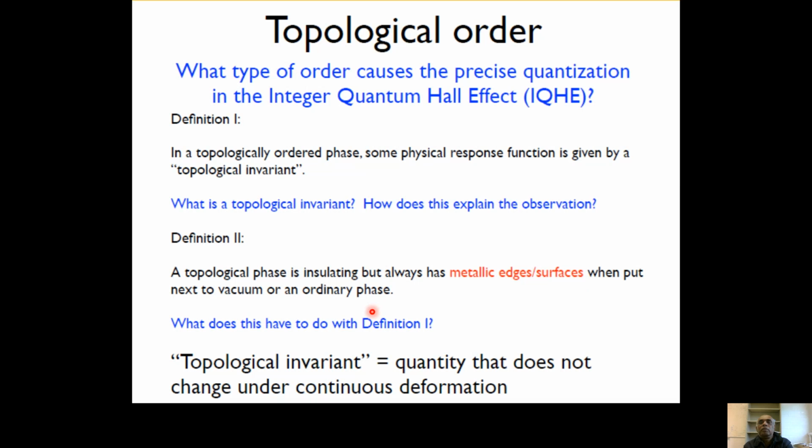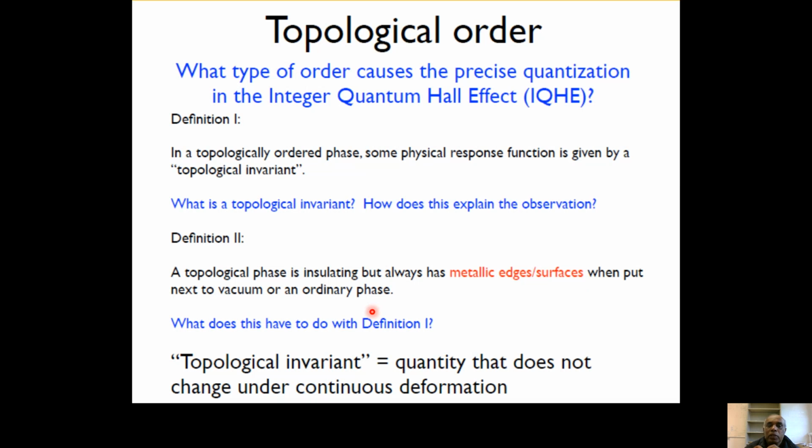So we introduce something called a topological invariant. In a topologically ordered phase, which is what we are looking at, things like the quantum Hall effect, there should be some response functions given by a topological invariant.